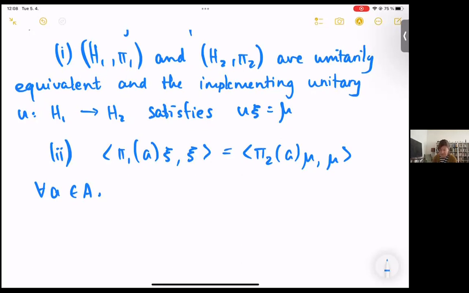So yes, I guess this should answer your question, Yannick, maybe about whether we get the same state. Seems that we probably do, in fact, in this setting.